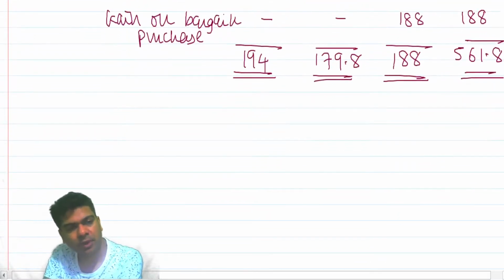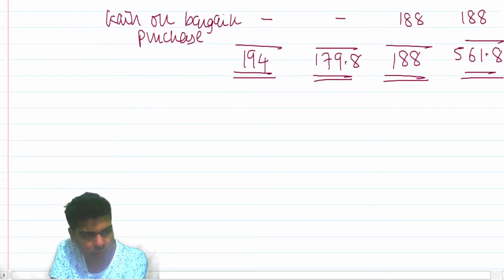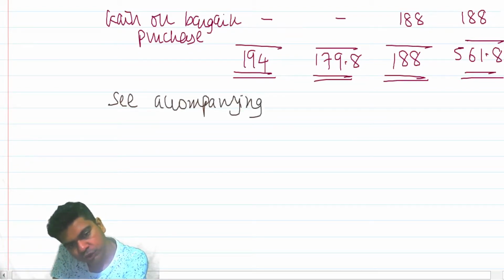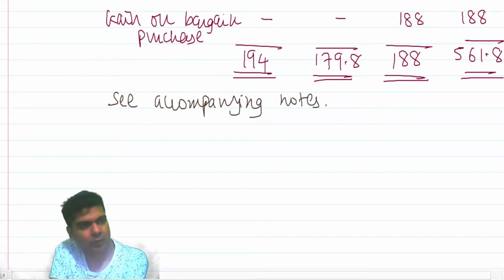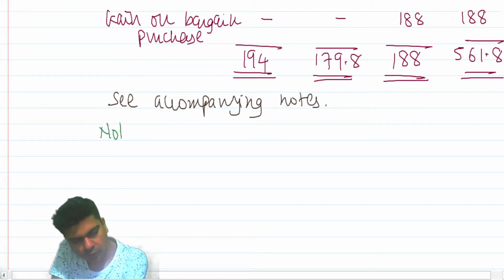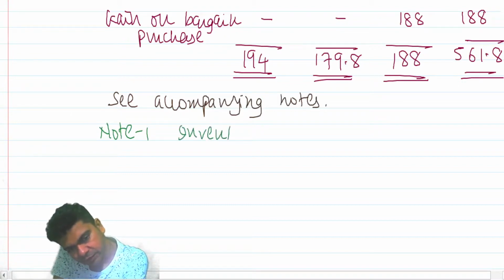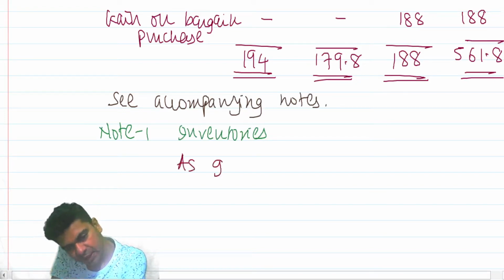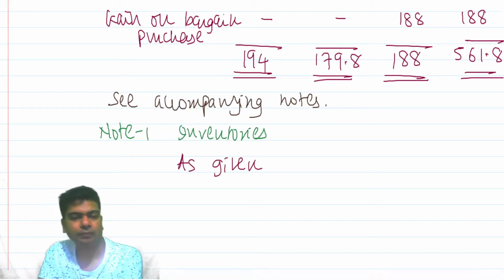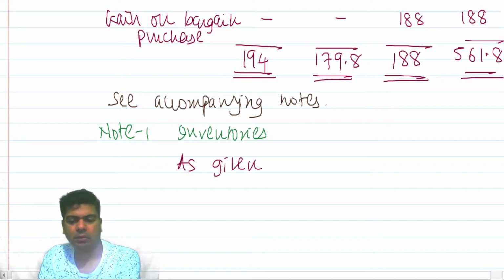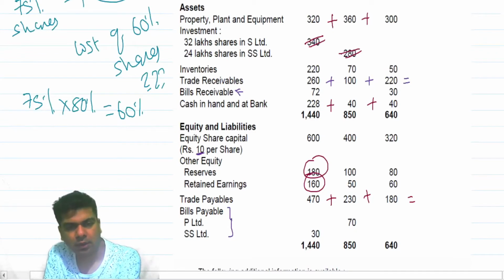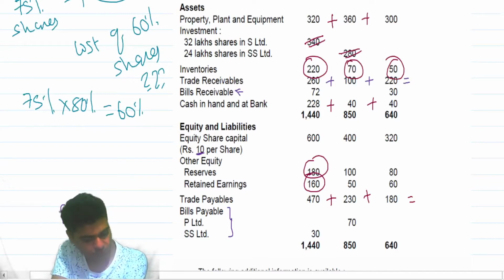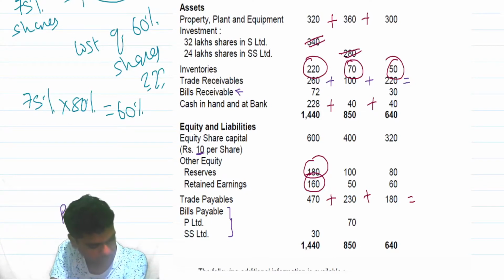Time to prepare the accompanying notes now. See accompanying notes. Note 1 is for inventories. We say as given. Here it is, 220, 70 and 50. 340.